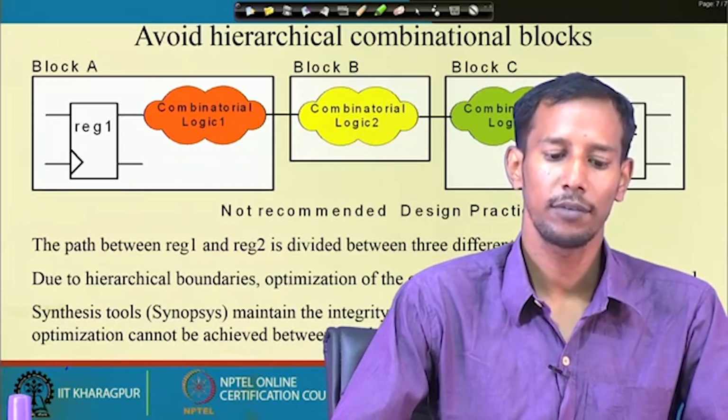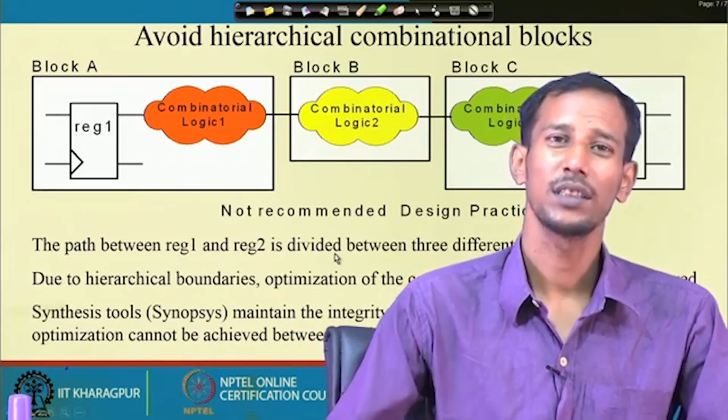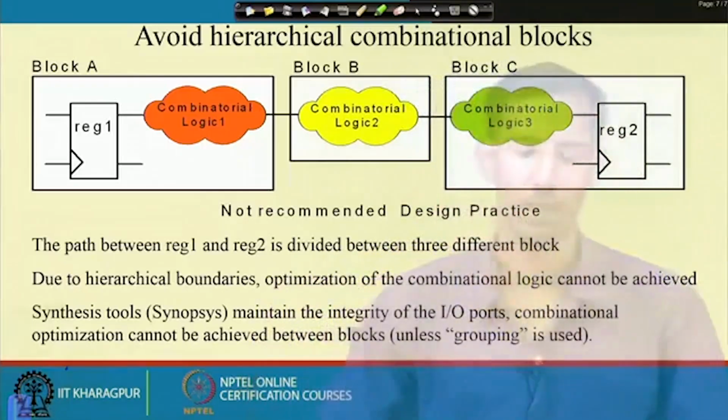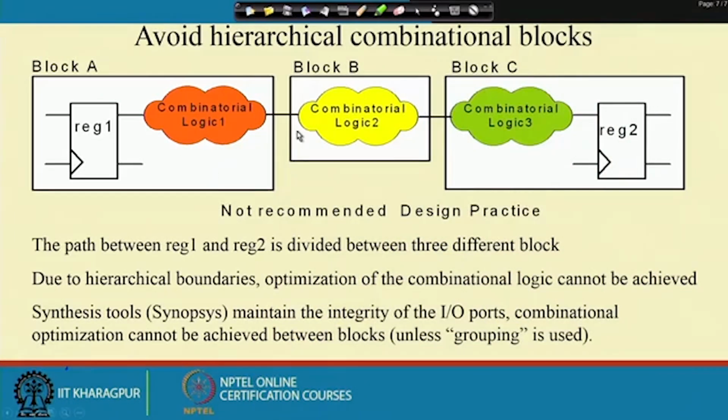Whenever we are doing this synthesis procedure, some things you have to avoid. You have to avoid hierarchical combinational blocks. Here, if you see, I have register 1 and register 2, and among them I have 3 blocks: block 1, block 2, and block 3.